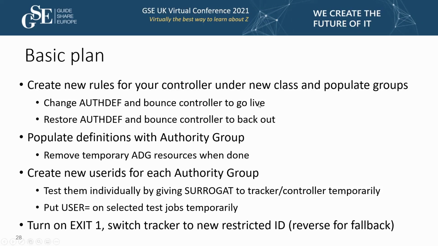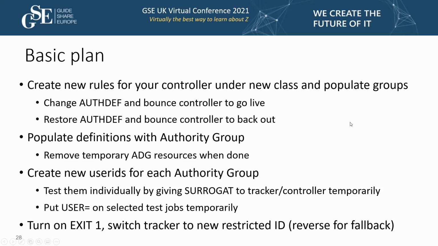The nice thing is, because this is a new class, you can change the auth-def back to what it was and bounce the controller to back it out. So if you put it in and you find, oh, hey, no, things aren't correct, then you can very quickly go back to the old way of working, as long as your controller class is a new class that you weren't using before.